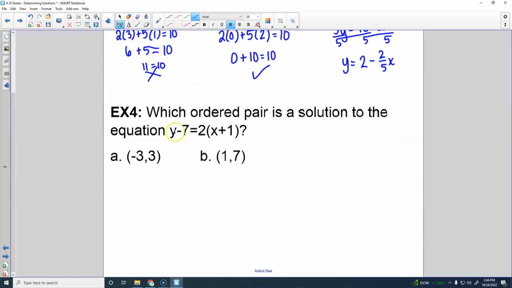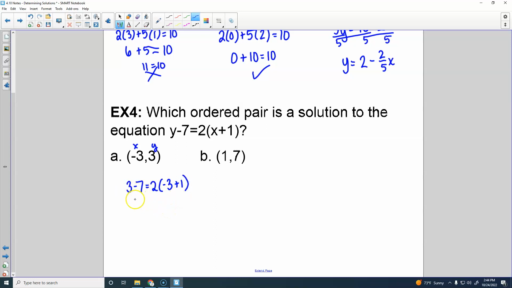All right, let's think about doing this next one. I've got x here and y here, so I can do this algebraically, or I could do it with the graph. Either way, I'm going to have to do a little bit of work. So if I want to do it algebraically, I would just do my y, 3 minus 7 would equal 2 times, in the parentheses here, I'd have negative 3 plus 1.